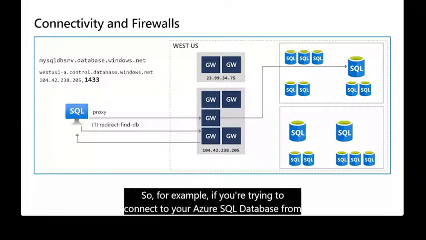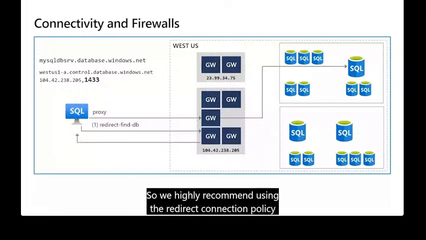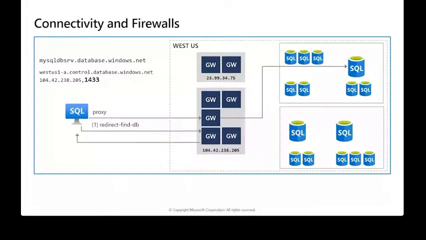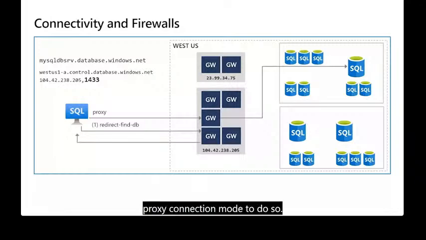So for example, if you're trying to connect to your Azure SQL database from an on-premises network. So we highly recommend using the redirect connection policy over the proxy connection policy for that lower latency and higher throughput. But if you need to meet additional requirements for allowing network traffic, you can also use the proxy connection mode to do so.